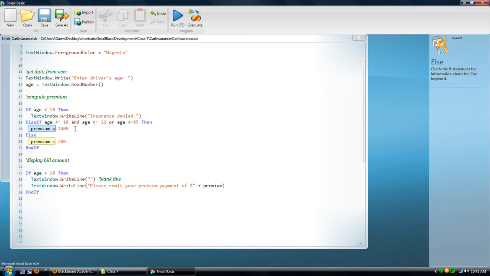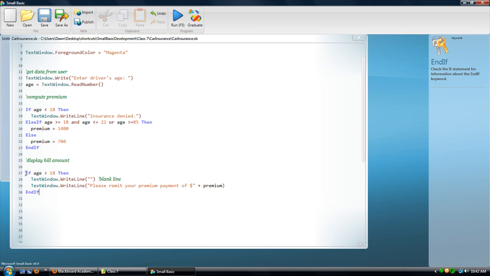If that's the case, then they have their premium of $1,400, and the premium of $700 is for everyone else, anyone who doesn't fall into those two age groups, the really young or the really old. Then we have another if statement here, a very simple one. As long as they are over 18, we will have them remit the payment of however much they owe.